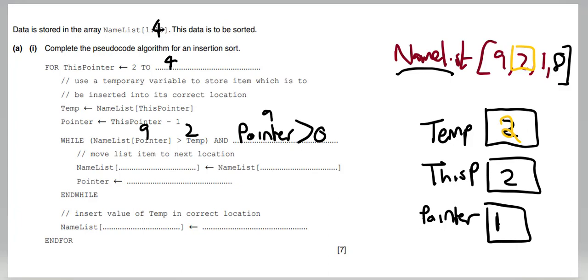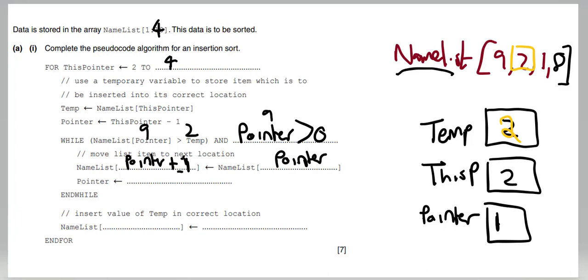Well, what we're going to do is we've got the number 2, we've got the number 9, and we want to switch them. I want to put the number 2 here and eventually also the number 9 there. So to do that, the first thing we're going to do is take nameList pointer, which is the number 9, and store it in nameList pointer plus 1.